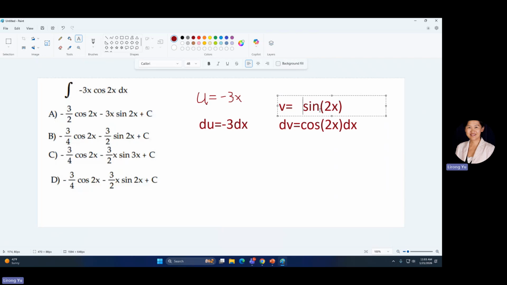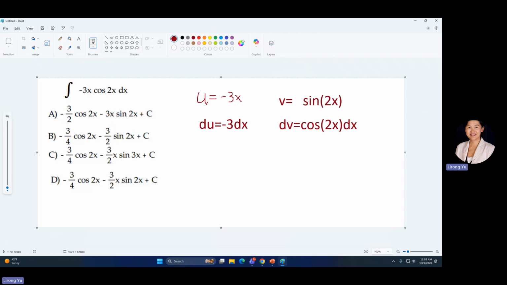So I'll leave a little bit of space. It's actually 1/2 sine 2x. The derivative of 1/2 sine 2x would be 1/2 times cosine 2x times 2. The 2 will cancel the 1/2. So the derivative of this would be cosine 2x.